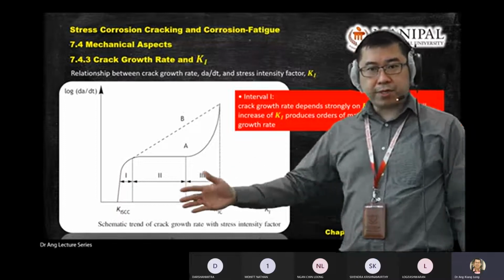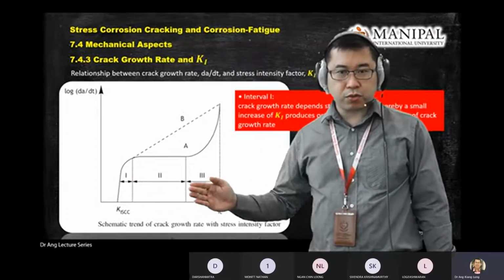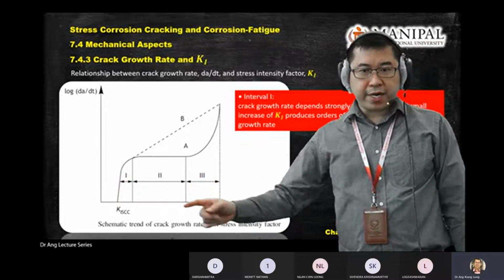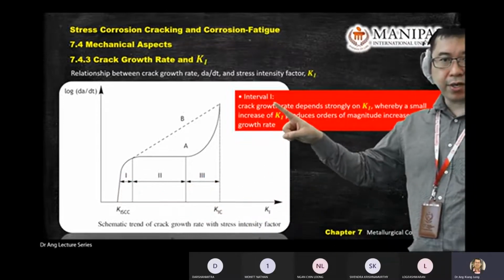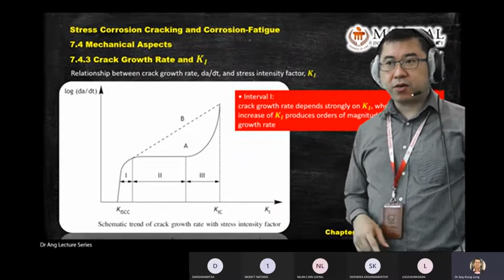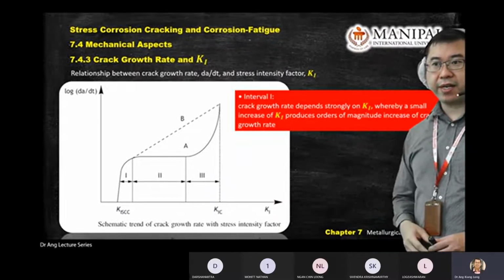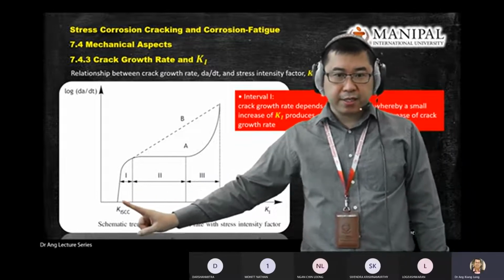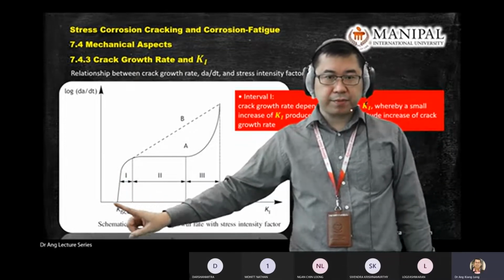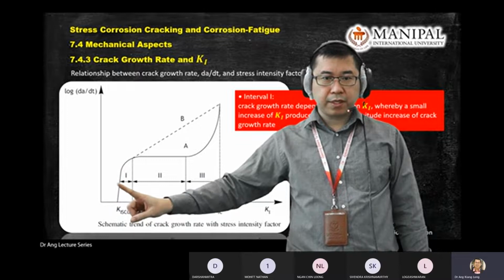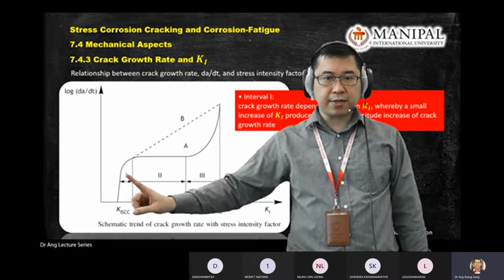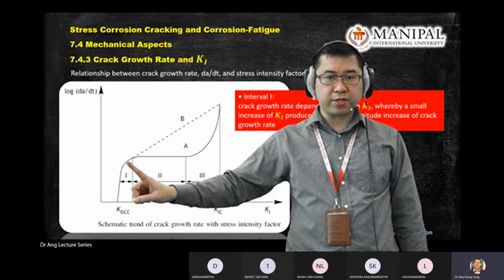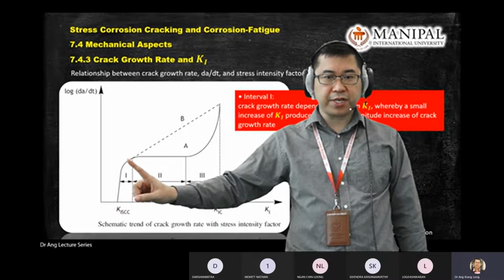Okay. Now we start to look at the zones. Zone 1, 2, 3. Okay, zone 1, or we call it interval 1. The crack growth rate depends strongly on Ki here. Here you can say it's linear, but it starts to fade away as you reach the end of the first one.